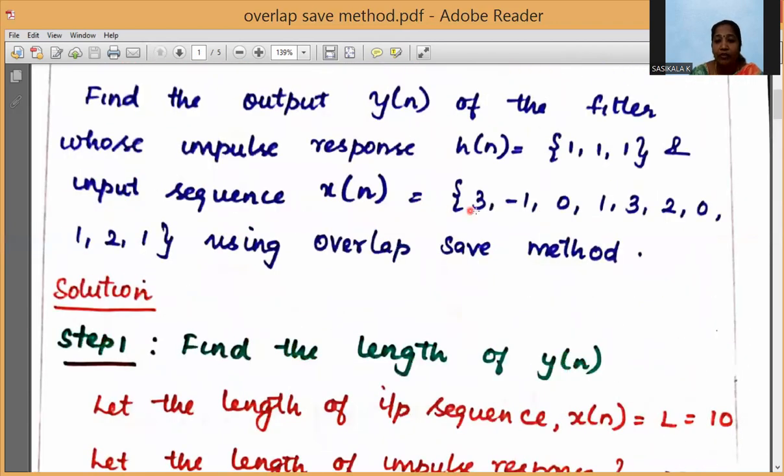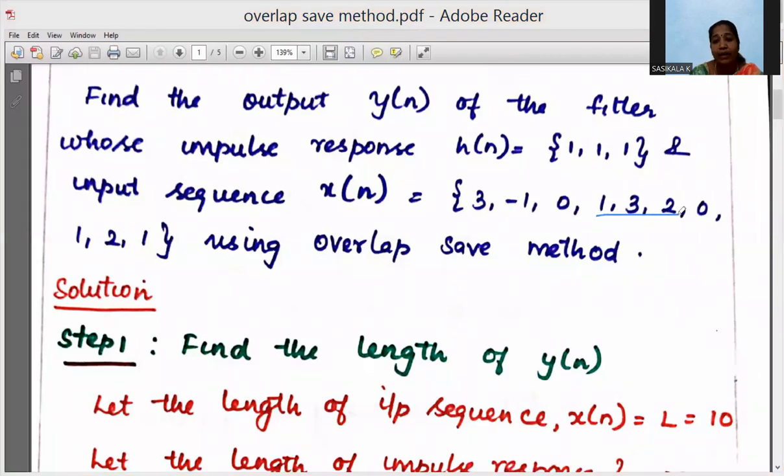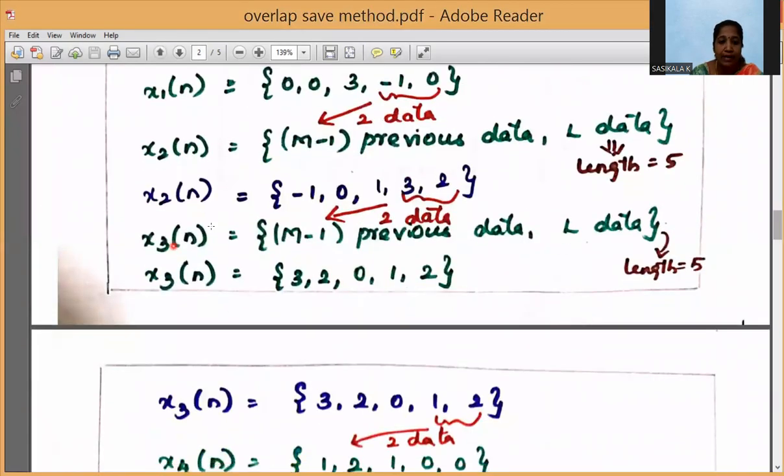That is, already for x1 of n we have taken 3, minus 1, 0. And now what we are going to do? We are going to take the next 3 data, which is 1, 3, 2. So x2 of n is equal to minus 1, 0, 1, 3, 2.